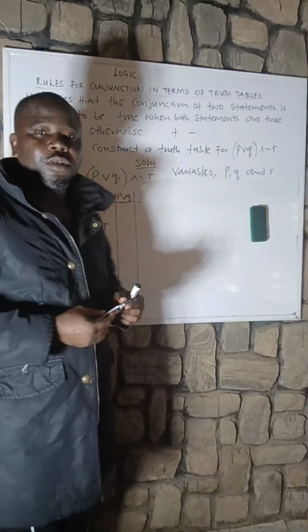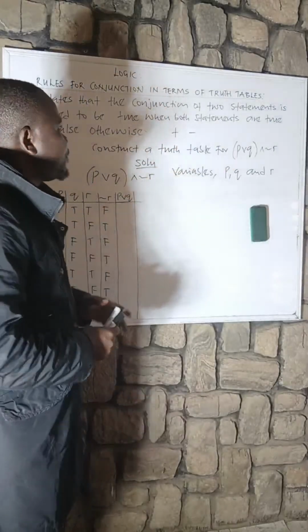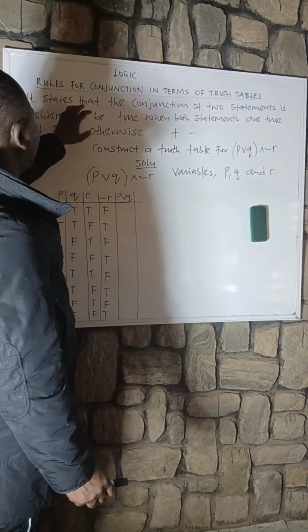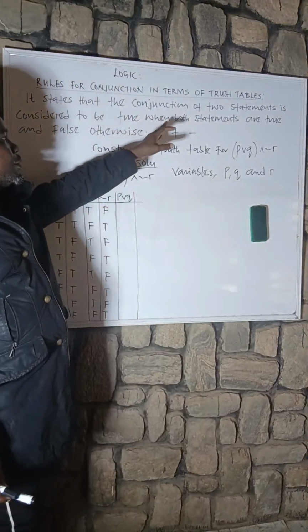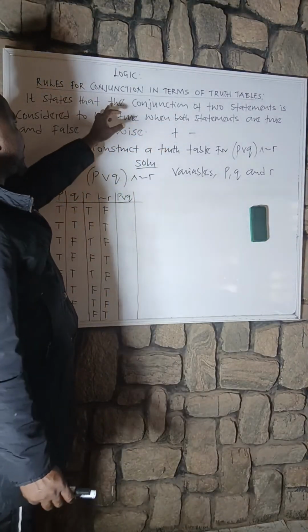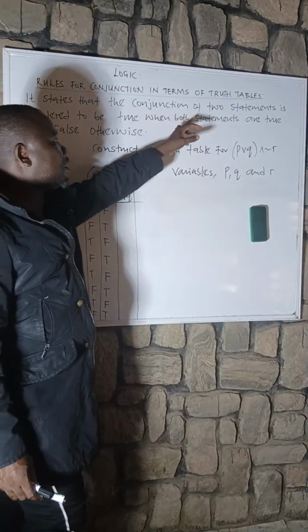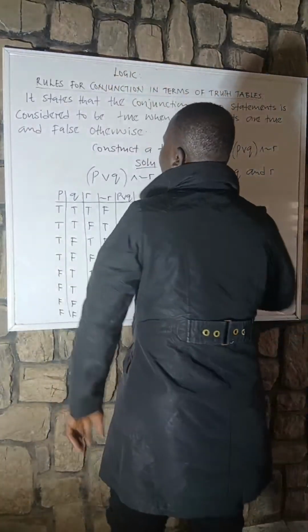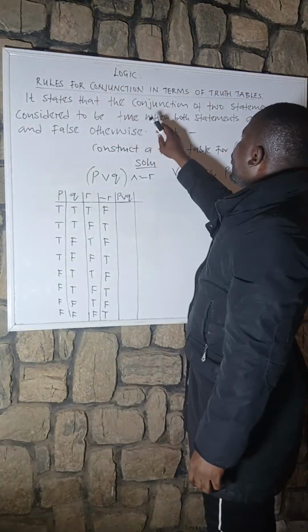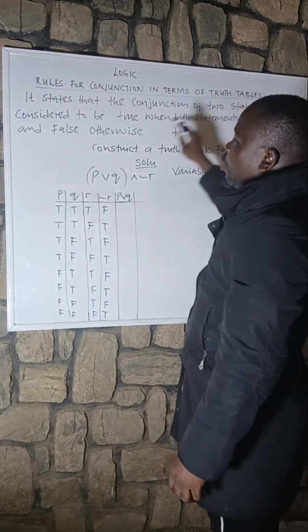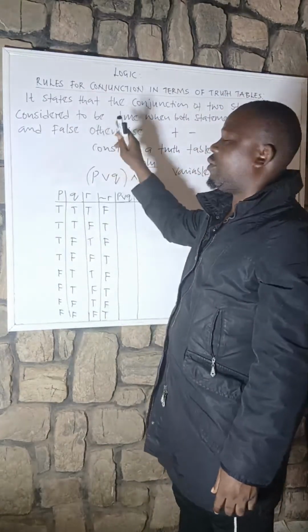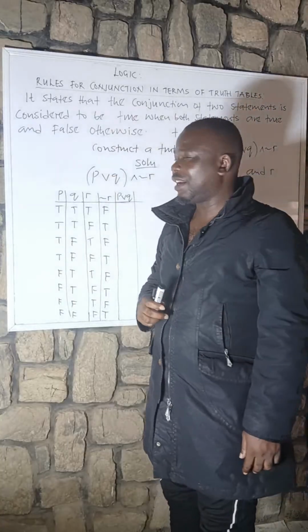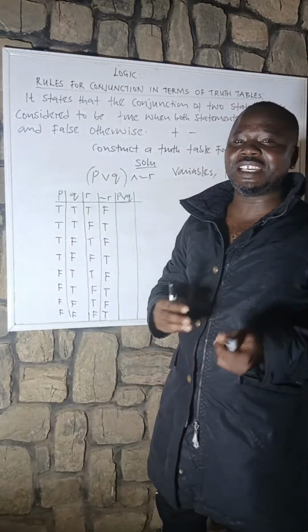So this is where we need this rule. It states that the conjunction of two statements is considered to be true when both statements are true, and false otherwise. So it's simple as ABC.